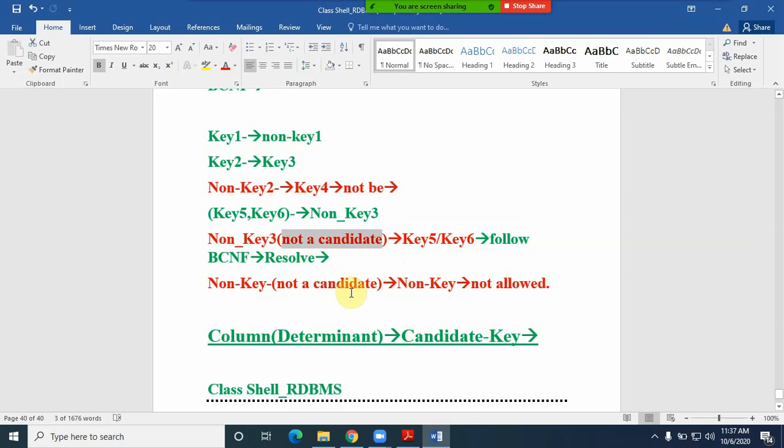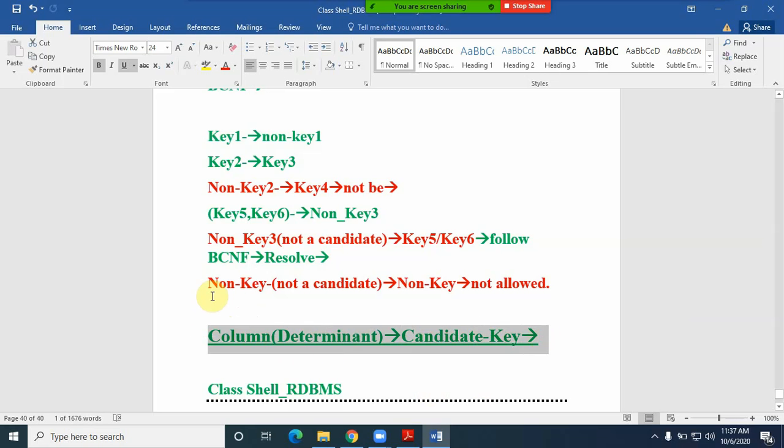And that's what we discussed on the left-hand side. Suppose you are talking about this kind of functional dependency, and you do not know whether the left side is key or non-key, then there is a condition, friends: every determinant is a candidate key. What do you mean by determinant?